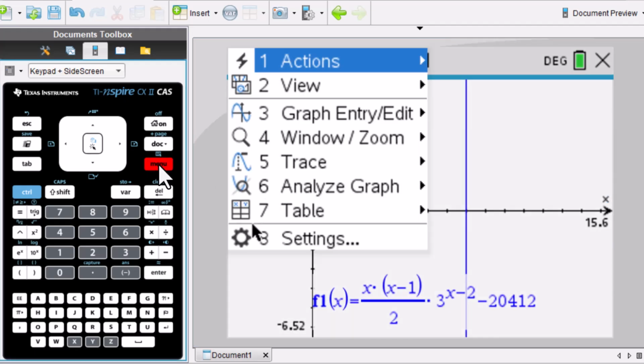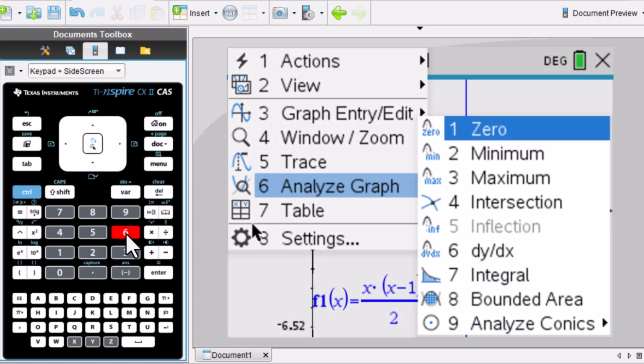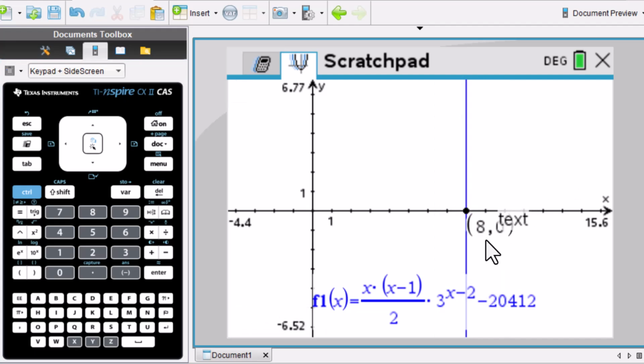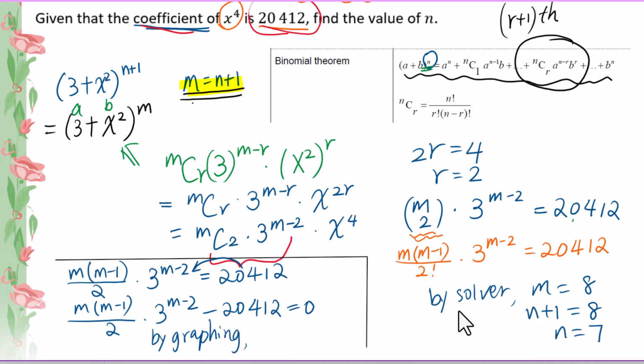So menu 6, enter. M equals 8. By graphing, m equals 8. Since m equals n plus 1, n equals 7.